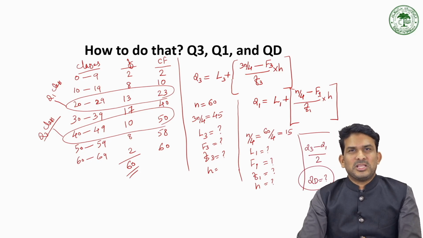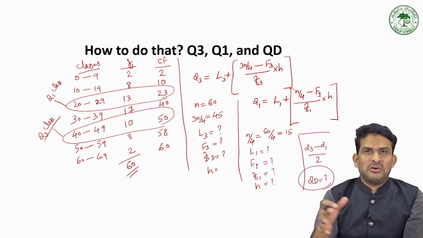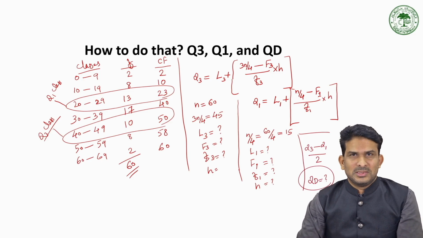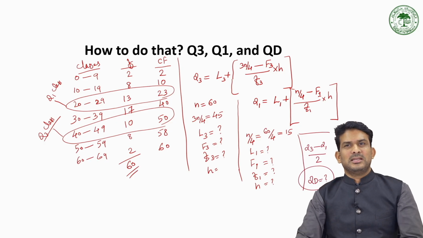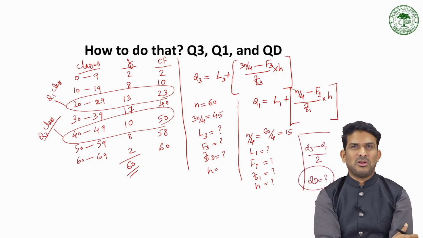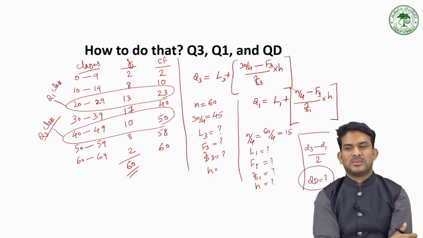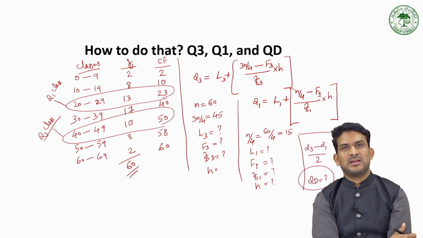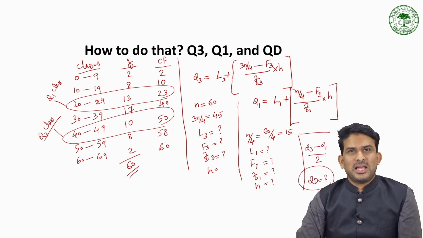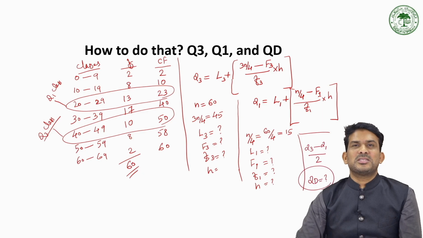Because now you are watching the video, find out whether you are able to do that or not. Questions can come like, if F3, small f3, Q1 and Q2 are given, identify the quartile deviation. These types of questions can be asked in examination.